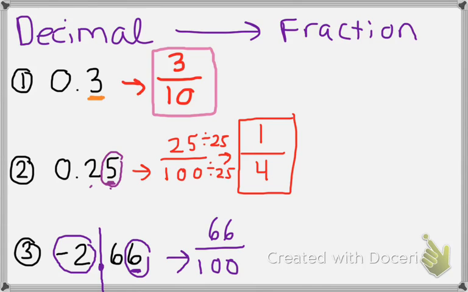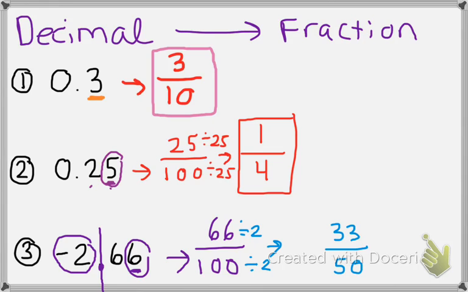Now we have to ask ourselves, can that be simplified? Yes, it can. And if you can't think of a number, if both numbers are even, which they both are, you know that you can always divide them by 2. 66 divided by 2 is 33. And 100 divided by 2 is 50.